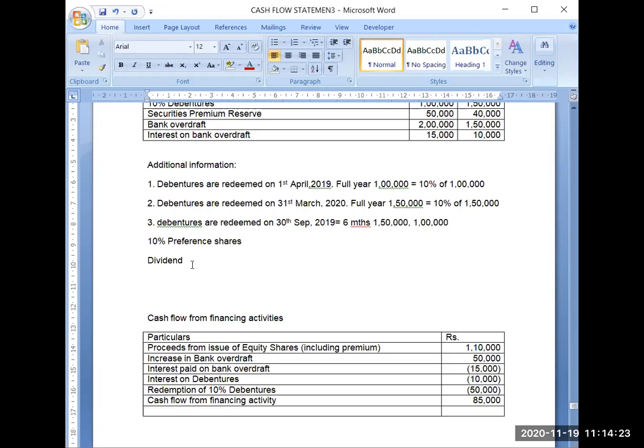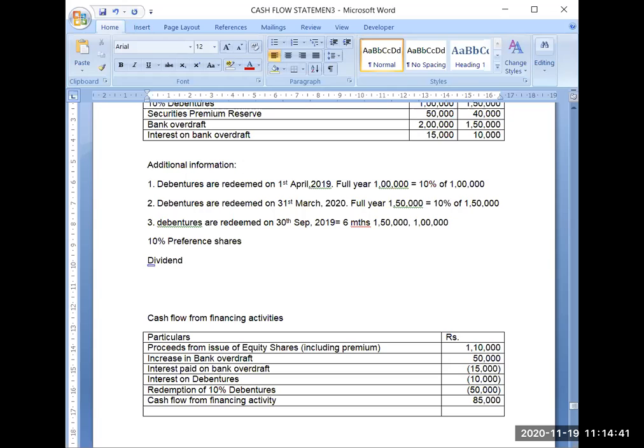There you cannot apply the concept that we have used the amount for 6 months. The preference share should be existing on the last date of the financial year. Only that preference share will get the dividend. That is the rule to be applied here.